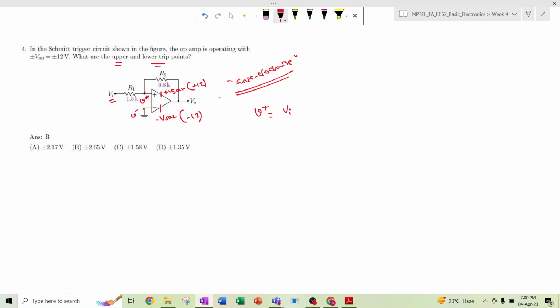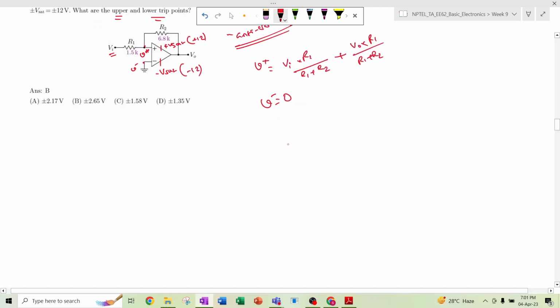So this V plus will be Vi into R2 divided by R1 plus R2. Then, because of superposition, consider only VO, with Vi grounded. So it will be VO into, using the voltage division rule, R1 divided by R1 plus R2. And V minus is grounded, so V minus is 0.